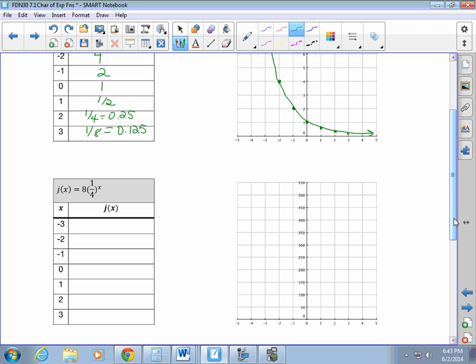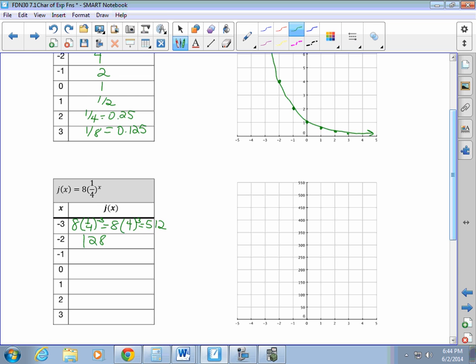So again, when we put in our exponents, we'd have 8 times 1/4 to the power of -3, which is 8 times 4 cubed, which equals 512. To the power of -2, we would have 4 squared, which is 16, times 8 is 128.